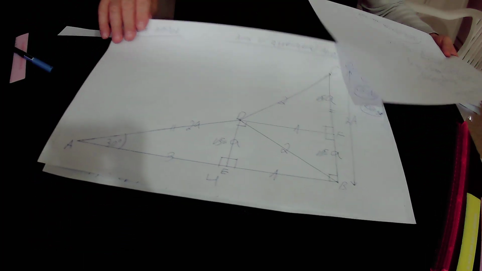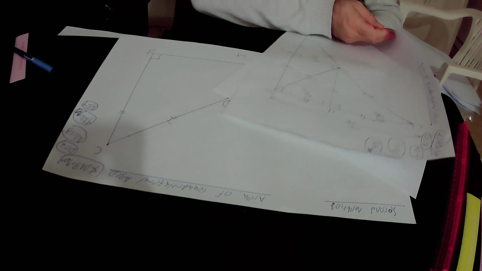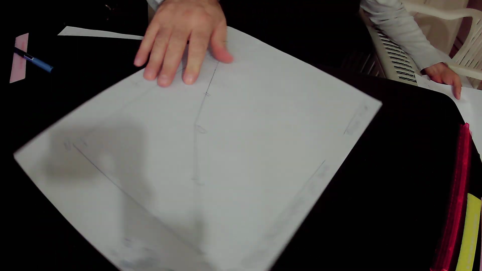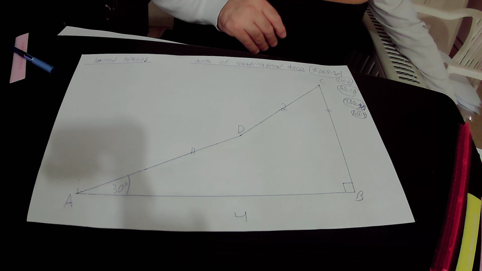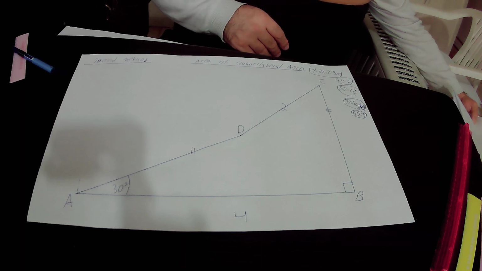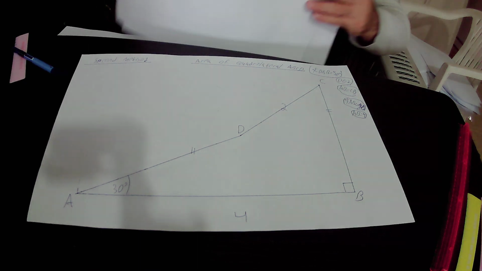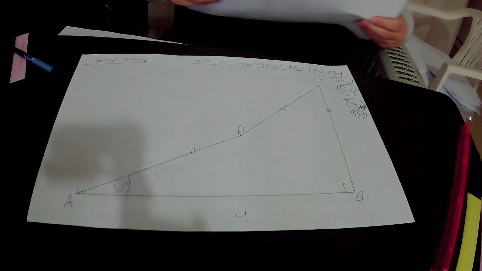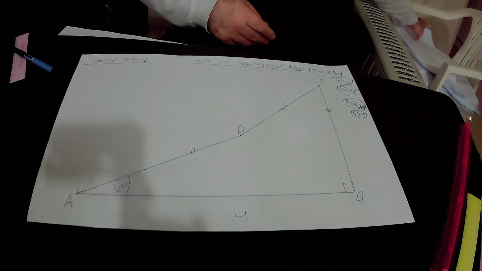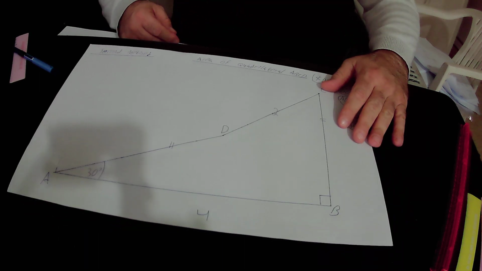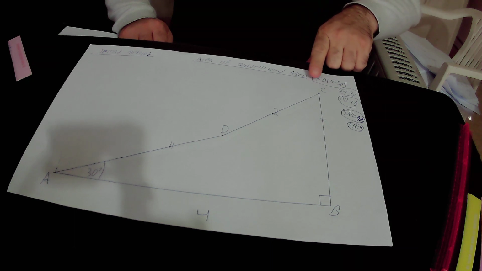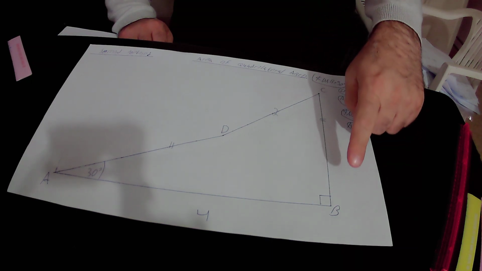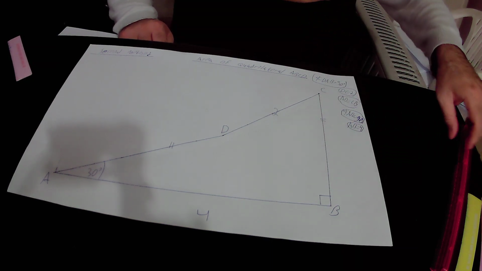In the next step I will present how to find the area of this quadrilateral ABCD according to the second method. In the second method we will do another construction. From point C we will draw a perpendicular to CB.